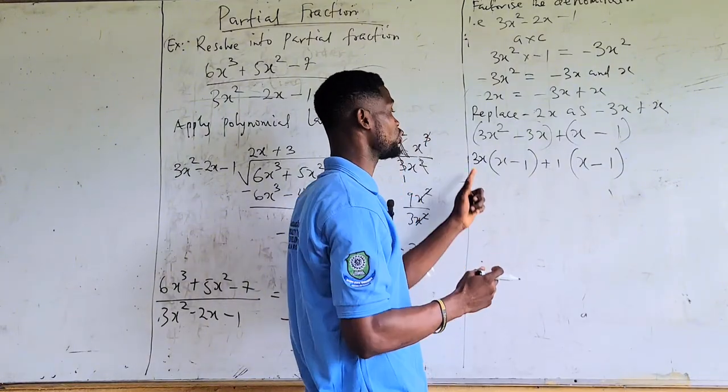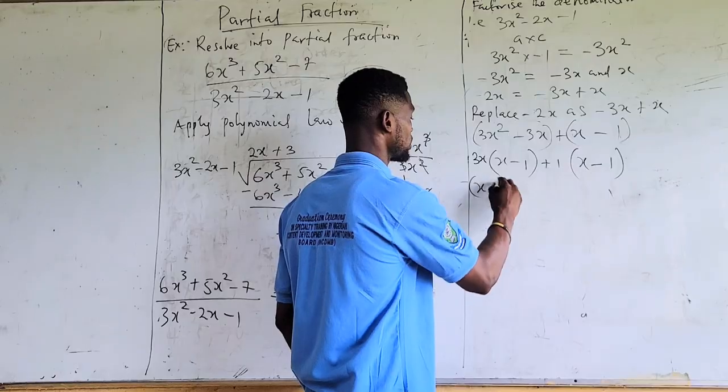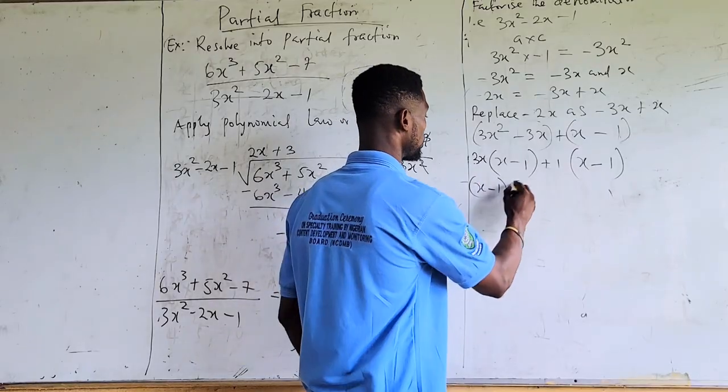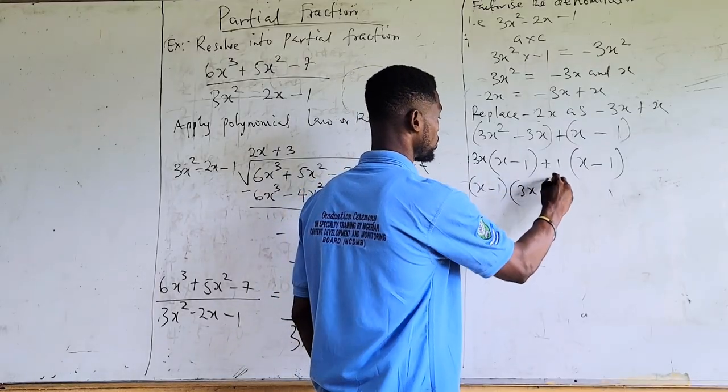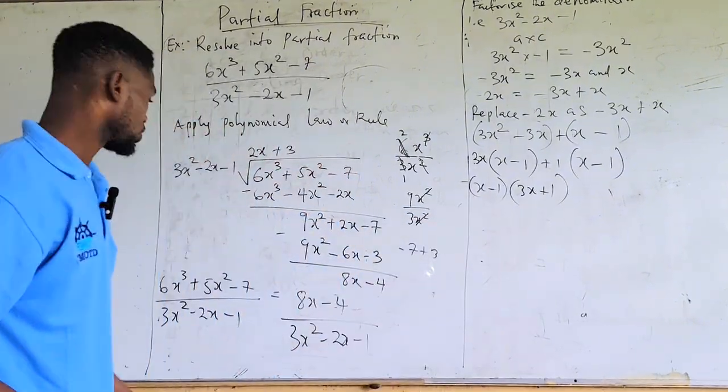They look alike. So you take one of the cofactors, which is x minus 1, and take the factor, which is 3x plus 1, and replace this answer back into this.